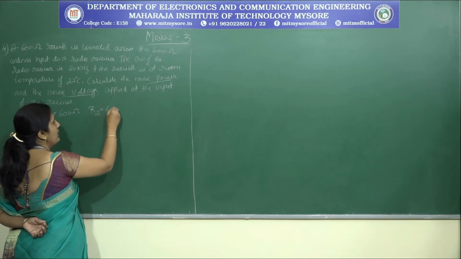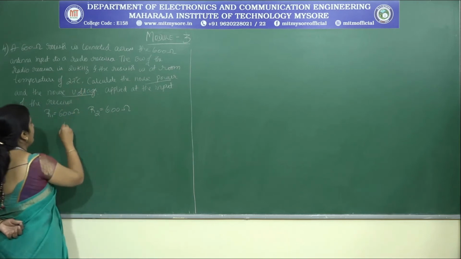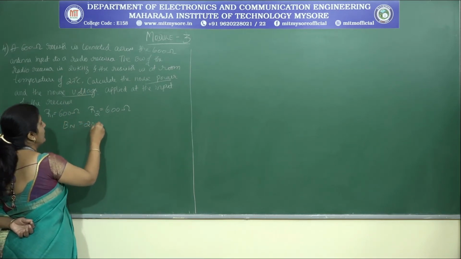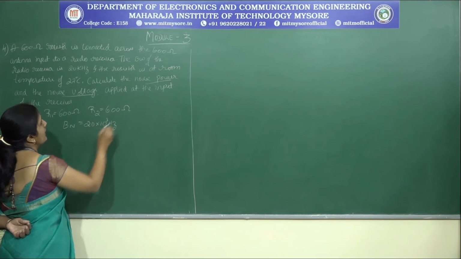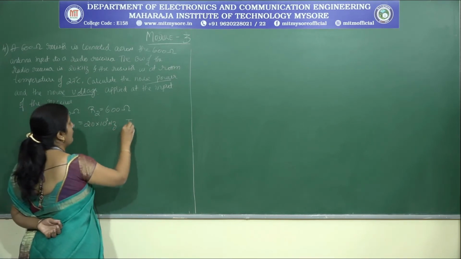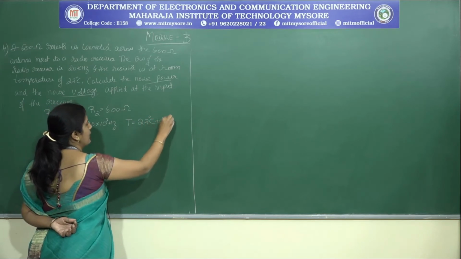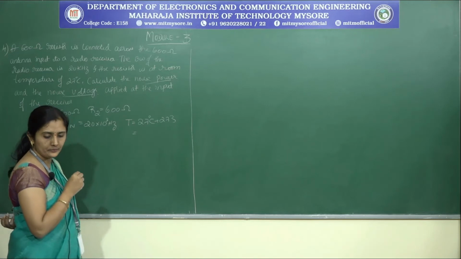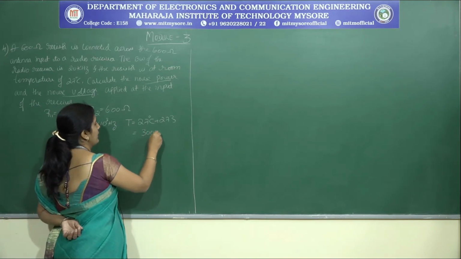R2 is equal to again 600 ohm, and we have got the bandwidth, that is Bn is equal to 20 kilohertz, 10 power 3 hertz, and we have got the temperature at room temperature, 27 degrees Celsius plus 273. In order to convert that to Kelvin, we are going to get 300 Kelvin.